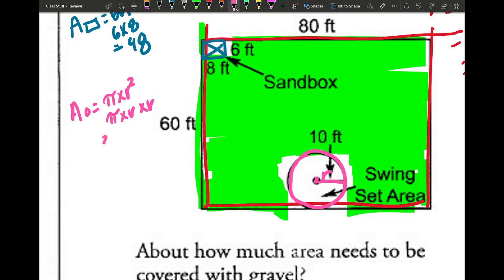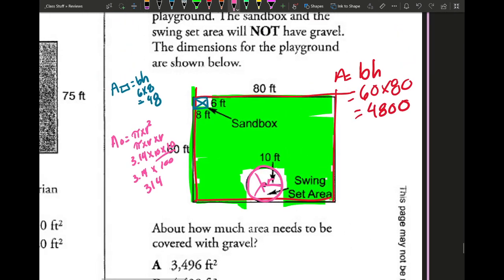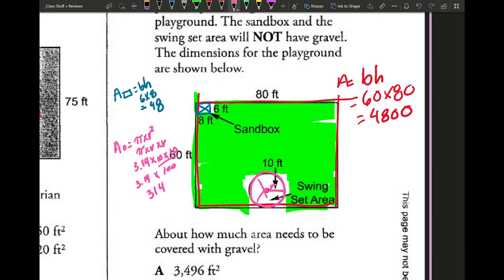So instead of pi is 3.14, instead of radius is 10, and instead of the other radius is also 10. 10 times 10 is 100, times 3.14, which gives you 314. But I gotta take it away, right? So the whole thing is 4,800, and if I take away the 314, I get 4486.